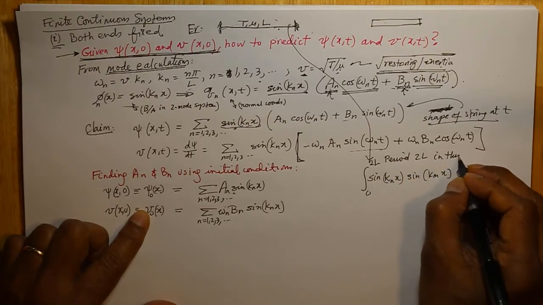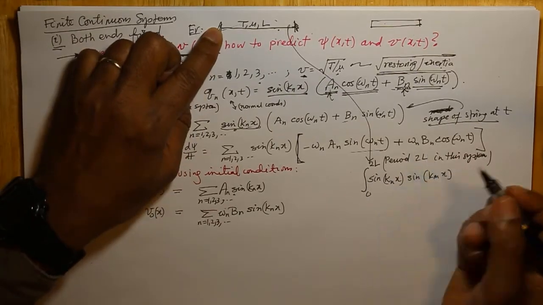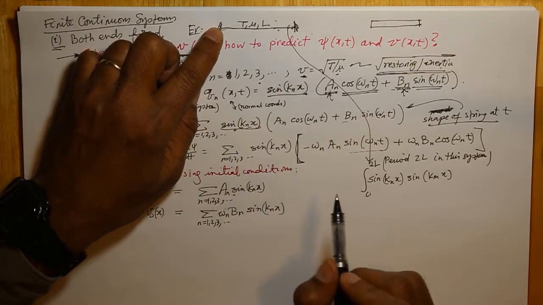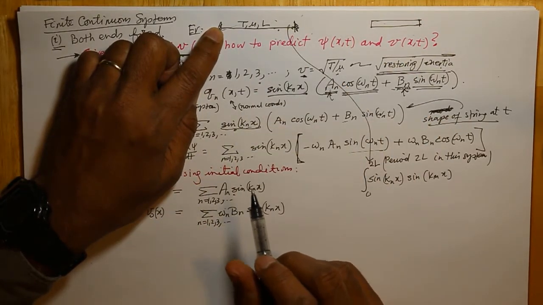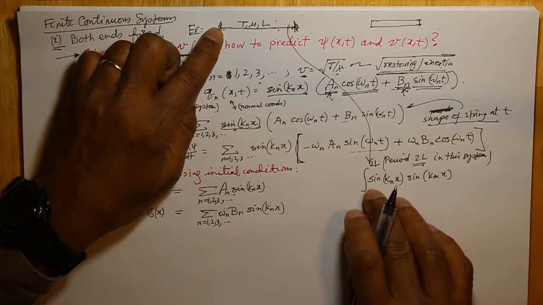Now if one end was closed and the other end was not fixed, free, so the derivative was vanishing there, the period will be 4L. So there's a difference in there.